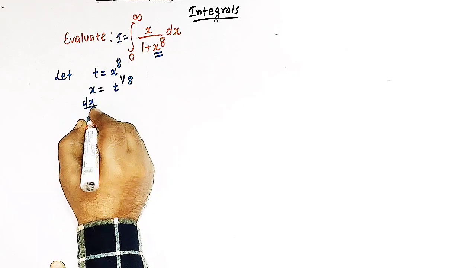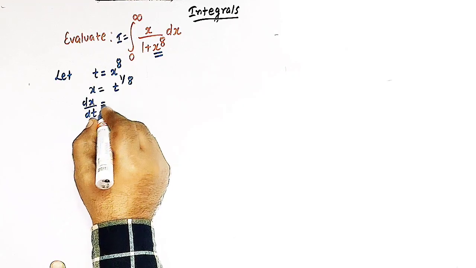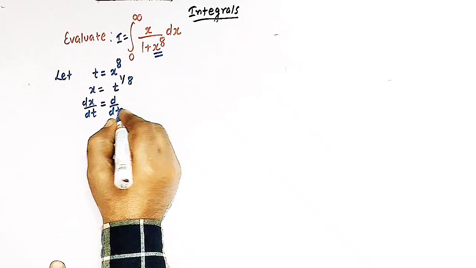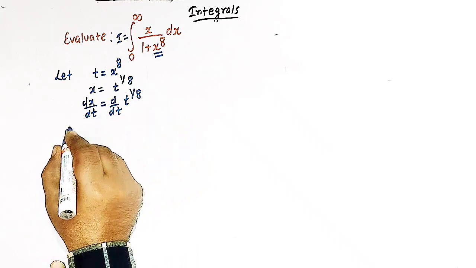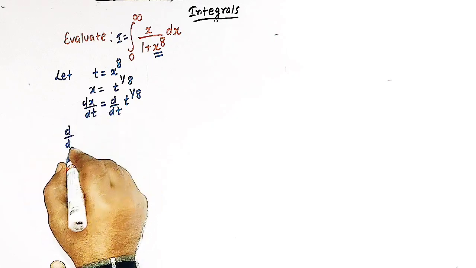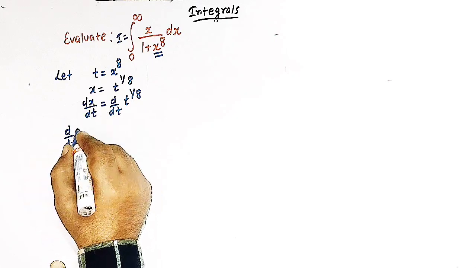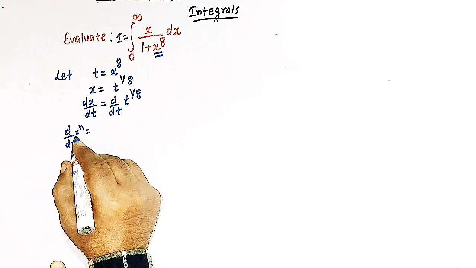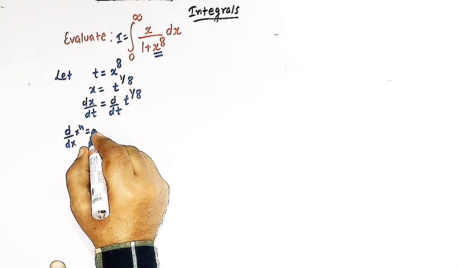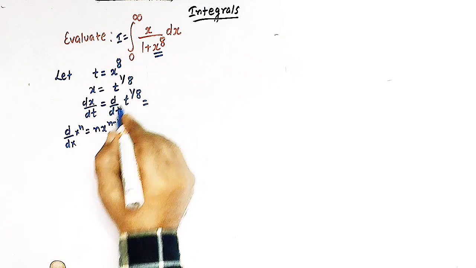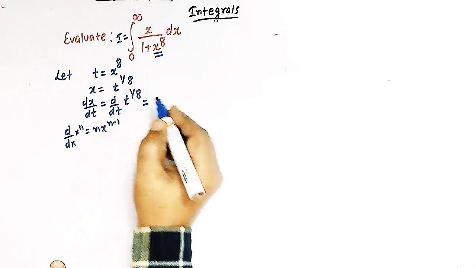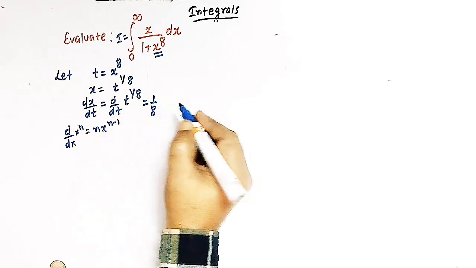Now let us differentiate both sides with respect to t. So we have dx over dt is equal to d by dt of t raised to 1 over 8. And using this power rule, that is the derivative of x raised to n with respect to x is n x raised to n minus 1. So here the value of n is 1 over 8, so we have 1 over 8.